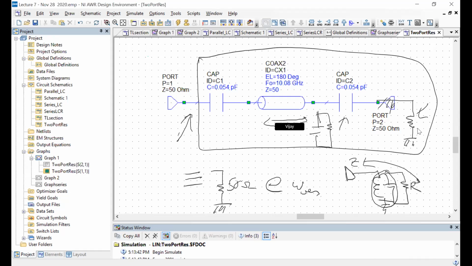This transmission line will perform some impedance transformation to this circuit, and it will get transformed into something else here. And then again, you have this capacitor here, which in combination with this will give you some effective circuit. And then if you do this, in a simplified way, exactly at the resonant frequency, it will become equivalent to just a 50 ohm resistor. Again, only at that one frequency here. Okay, so that's a way of thinking about it.